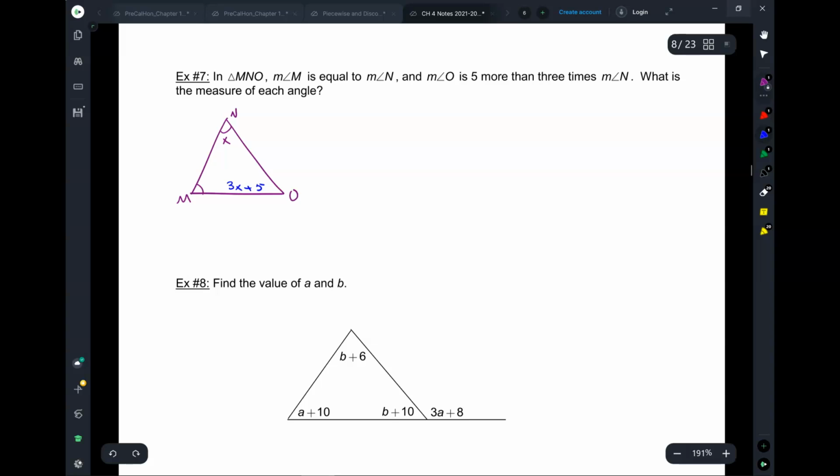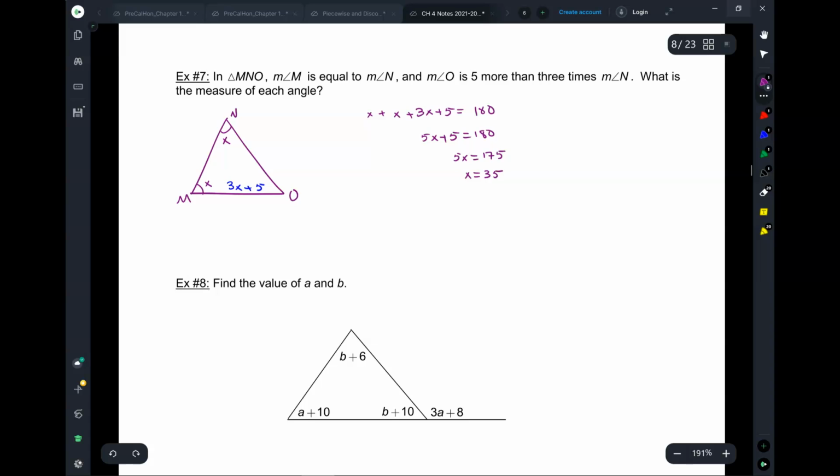So now you want to find each angle. So X plus another X plus 3x plus 5 equals 180. Don't forget about that other X. So 5x plus 5 equals 180. 5x is 175. X is 35.